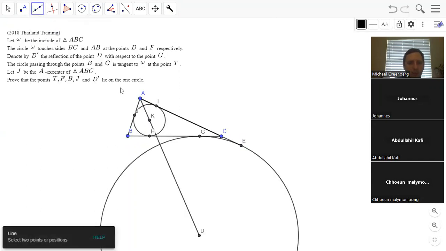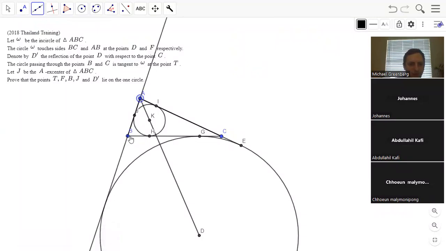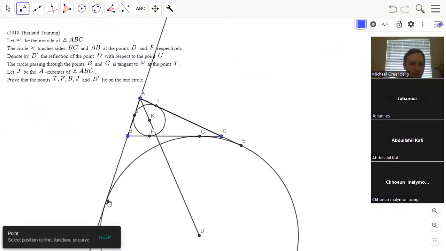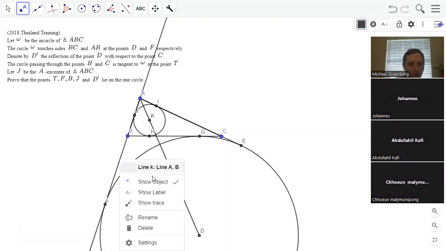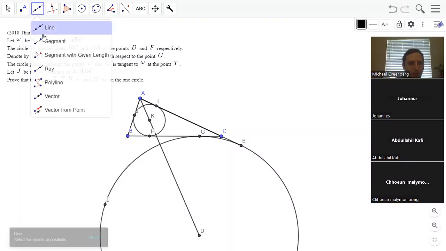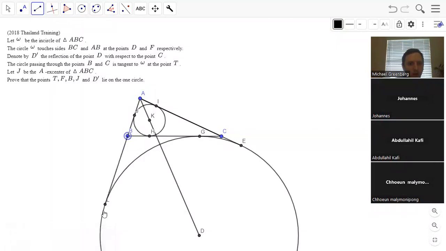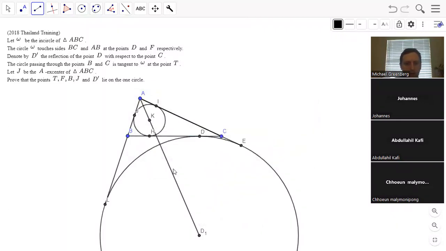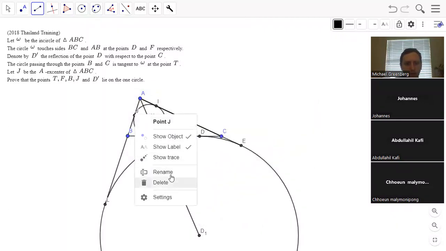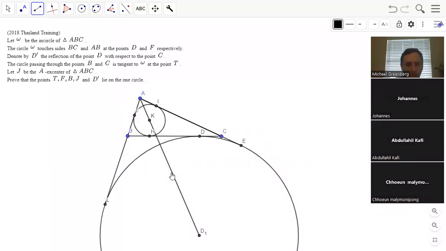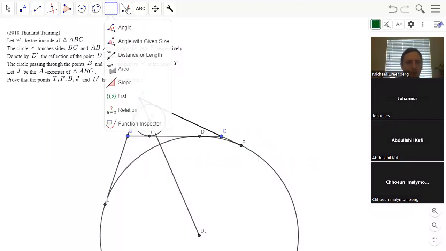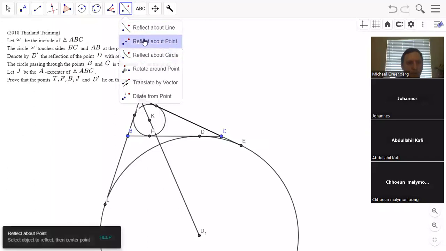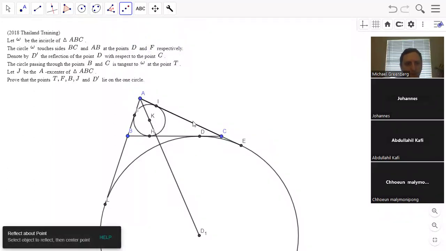I have to fix the tool. Okay, so touches BC at D and AB at F. Then we reflect D over C. That's kind of interesting. Oh no, this should be D, sorry.